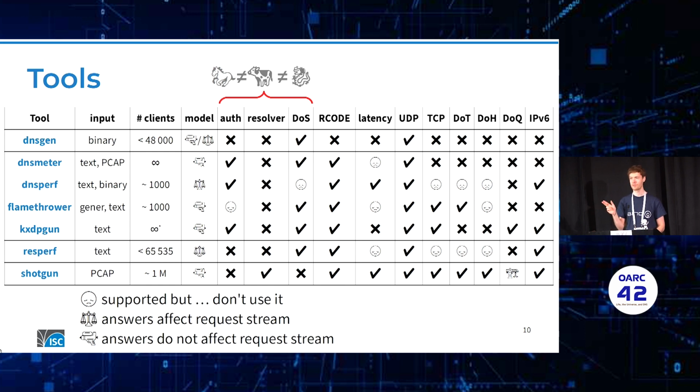And the second important thing in the table is that even though the manual of the tool tells you that certain features are supported, it doesn't mean that it actually works, or it might work, but it might be using a non-realistic algorithm to generate load or handle connection management for TCP or TLS, for example.